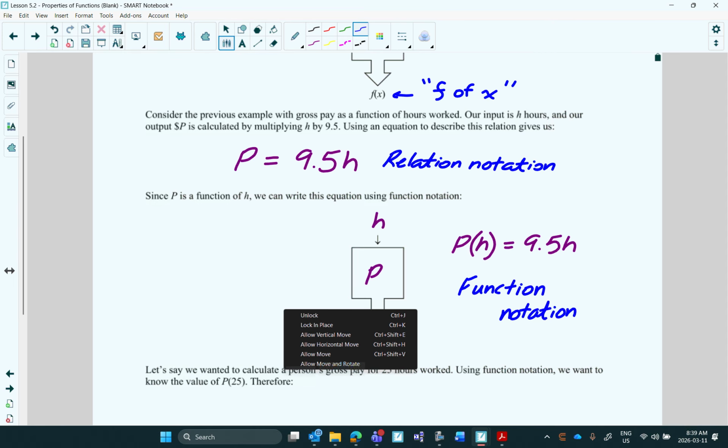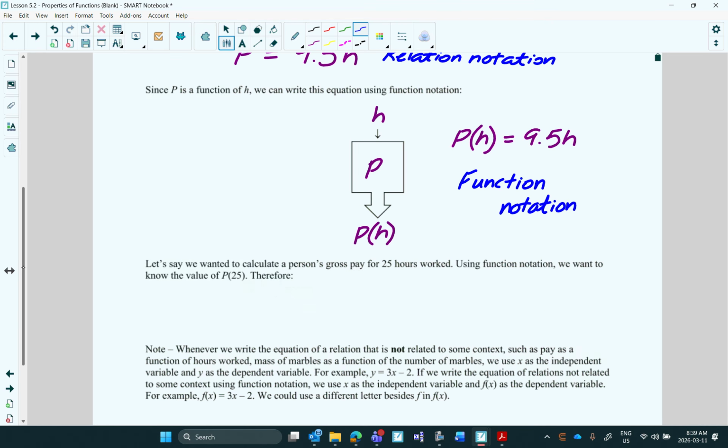These two mean the exact same thing. It's just this one is called a relation, and this one I can call further a function. That's all. Okay? So it's just a new type of notation we're going to use for equations.